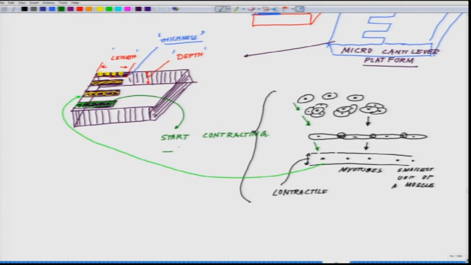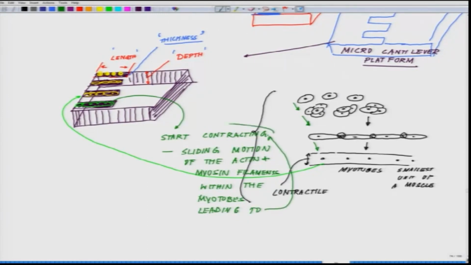In other words, there will be a sliding motion of the actin and myosin filaments within the myotubes, leading to contraction.